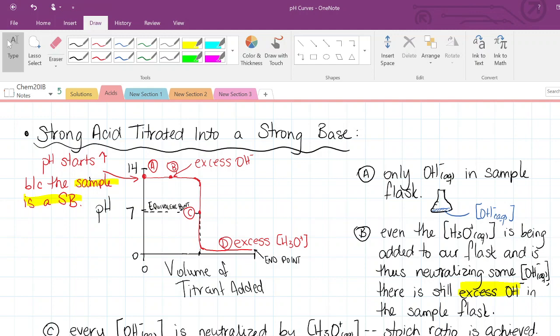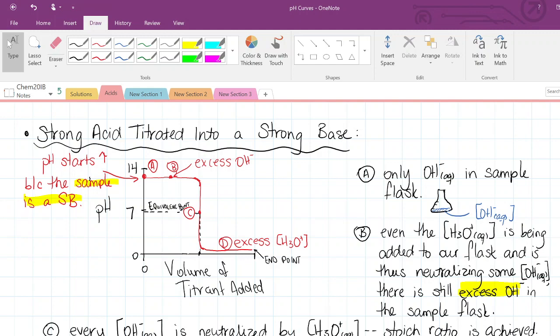Now, there's going to come a point where 1 drop of titrant is going to send us from a relatively high pH down to a pH of 7 and all the way down to a pH of acid. Because at this point, that 1 drop of strong acid will neutralize whatever excess hydroxide was in it.